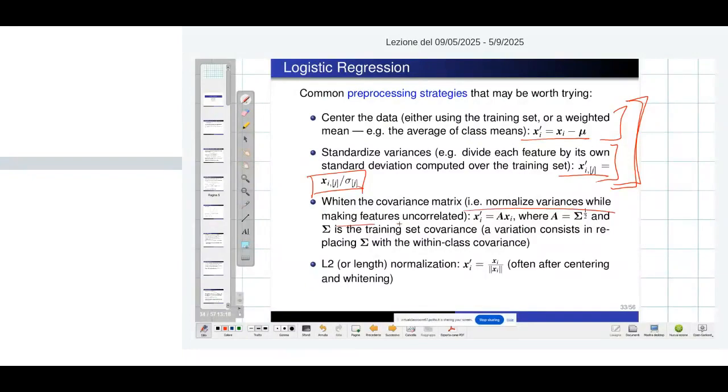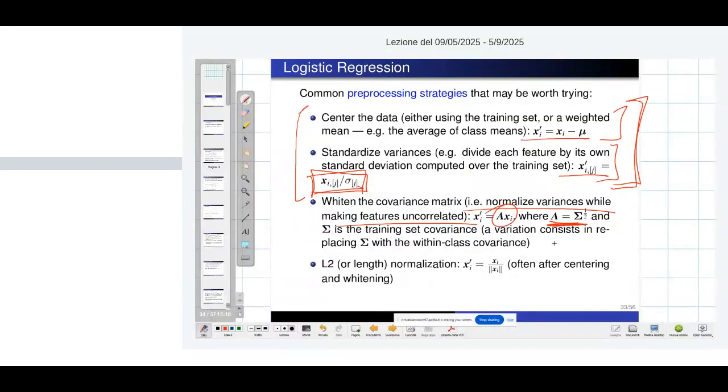Another kind of normalization that I can use, which is an extension of this normalization, consists in making our features unit variance, but also uncorrelated. So rather than centering and dividing each component by its own variance, we apply a linear transformation.